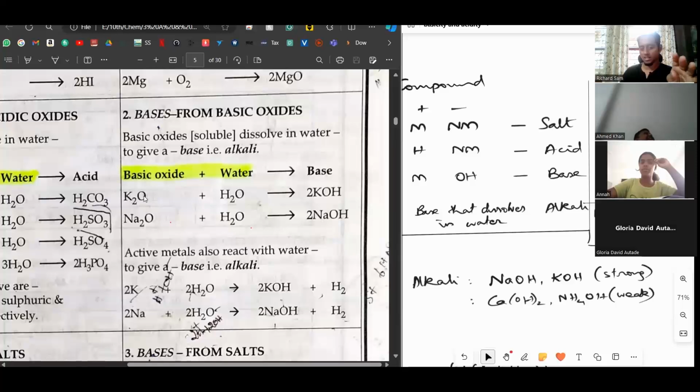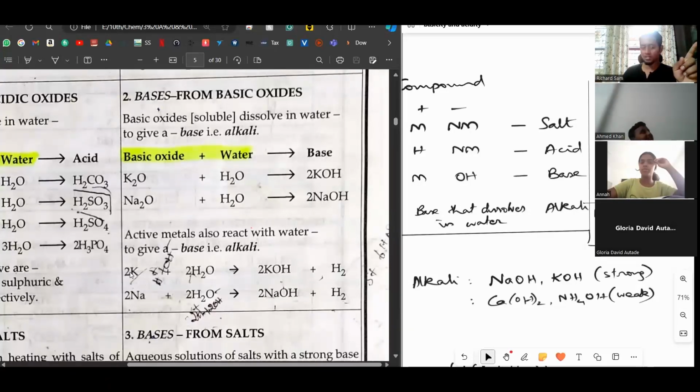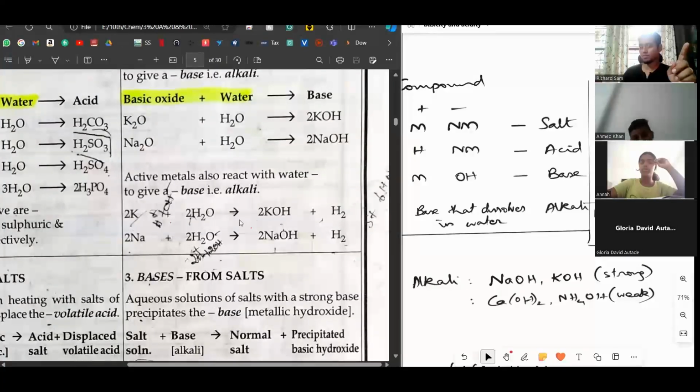Instead of the metal oxide, the metal directly, like instead of potassium oxide, you can see here potassium itself joins with water to form potassium hydroxide. Same way, sodium also reacts with water to form sodium hydroxide. Do you remember that video I've shown you when you throw the metal in water, it explodes? That is this metal directly reacting with water. Okay, so these metals are known as highly reactive metals, right?